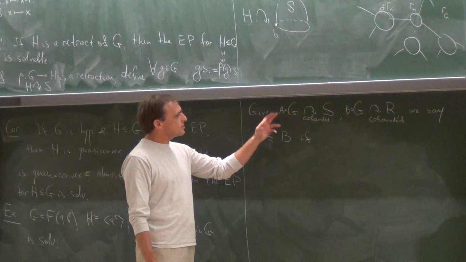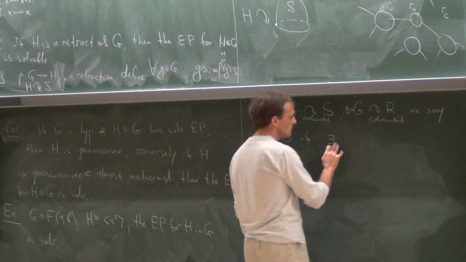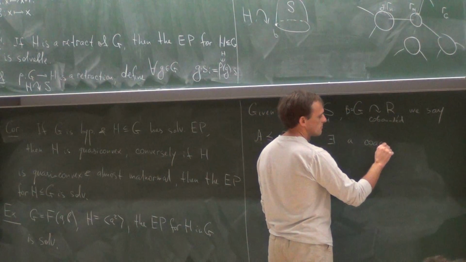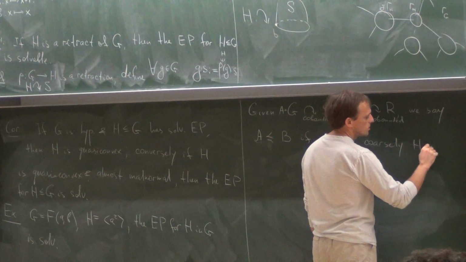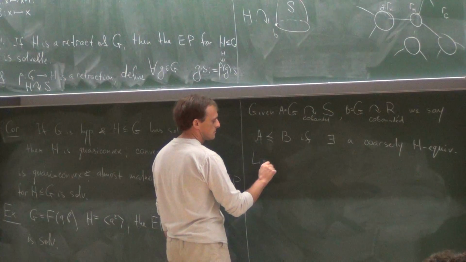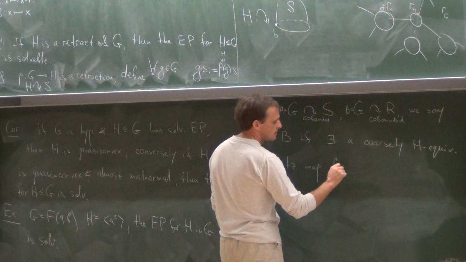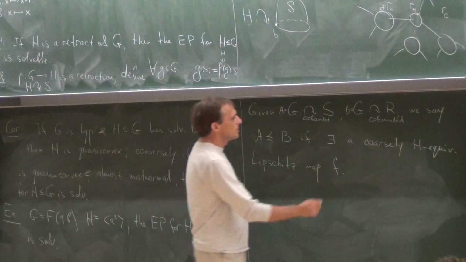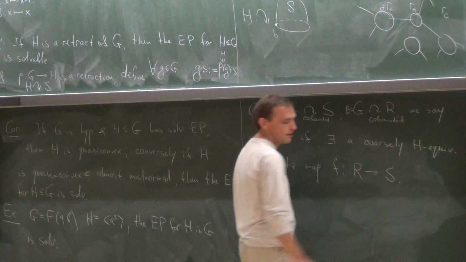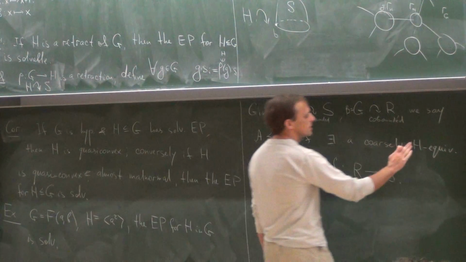Well, we say that the first action is smaller than the other action if there exists a coarsely H-equivariant Lipschitz map F from the bigger action, from the space of the bigger action to the space of the smaller action. Yes, coarse G.